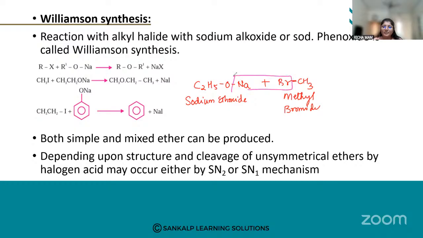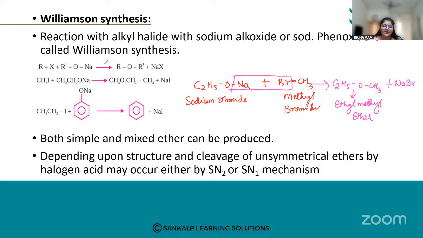I'm going to get the byproduct NaBr and C2H5OCH3. So I have got a mixed ether, ethyl methyl ether, and sodium bromide. This is sodium ethoxide reacting with methyl bromide to give ethyl methyl ether and sodium bromide.